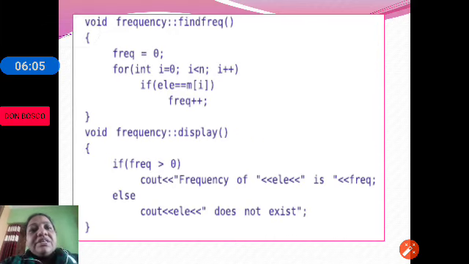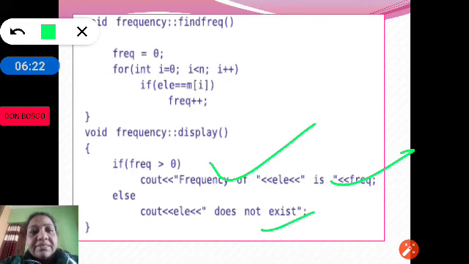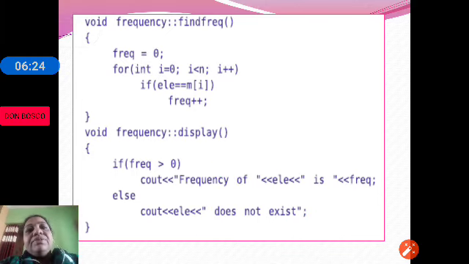Now you can see the display function. If frequency is greater than 0, we print the frequency of the given number is so and so. Otherwise, we print the element does not exist. As we know, execution always starts from main.